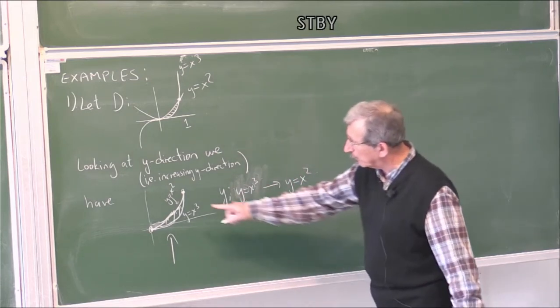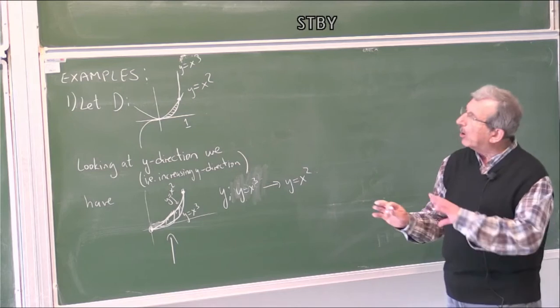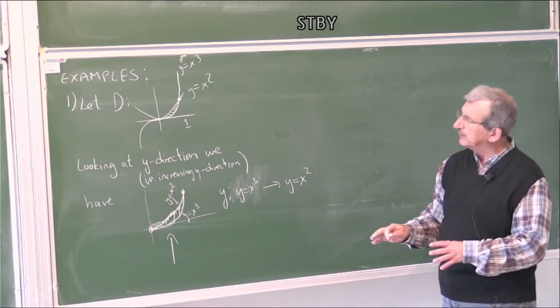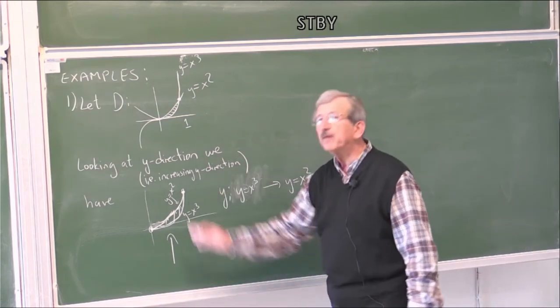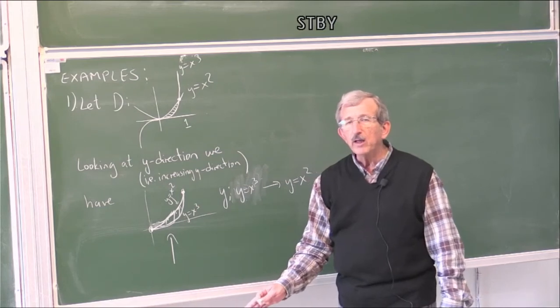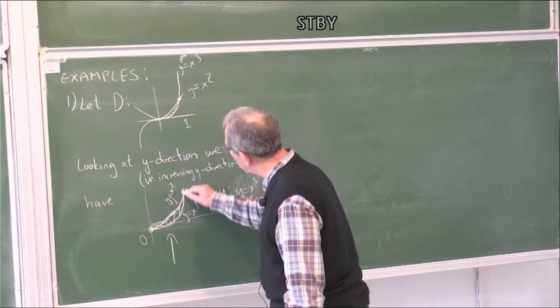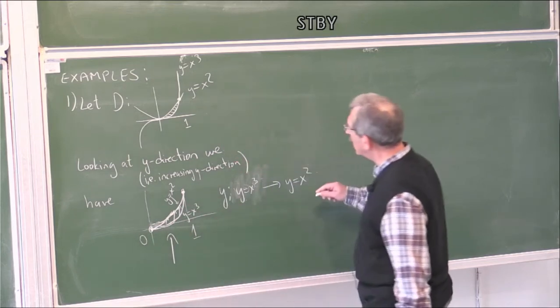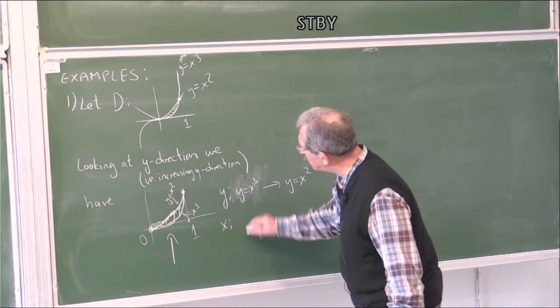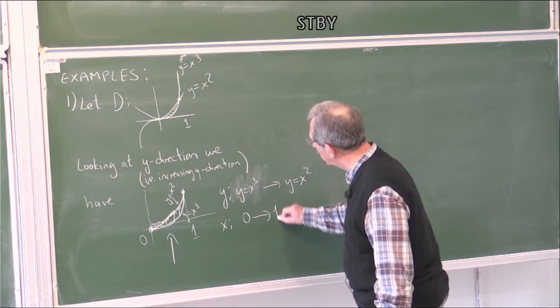These are curves, all right. Now, to be a simple region, the sides should be vertical. Well, actually, they are vertical. We have 0 here and 1 here. And then x changes from 0 to 1.